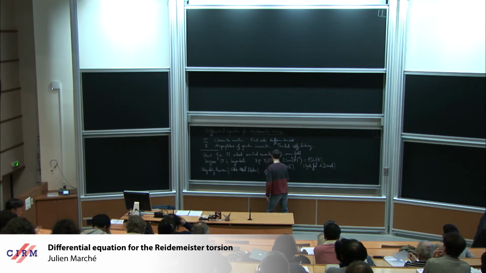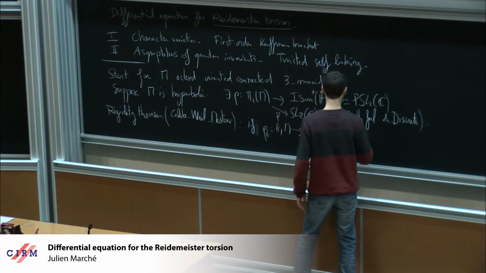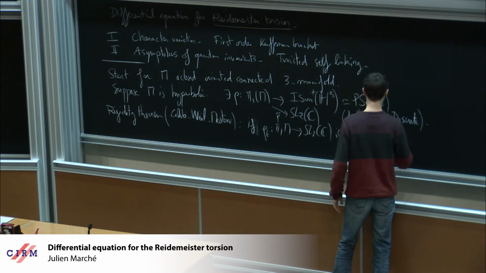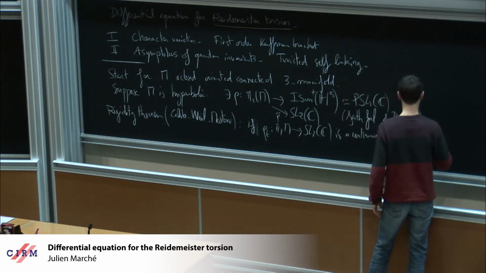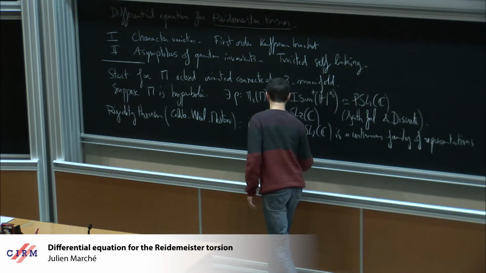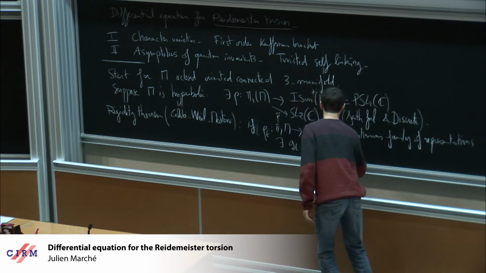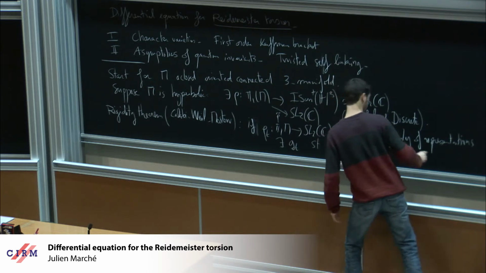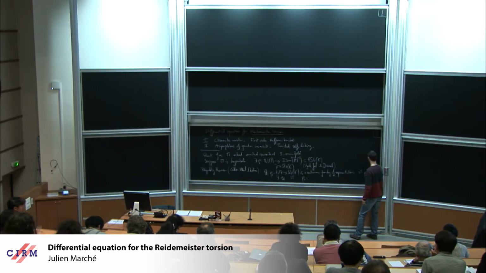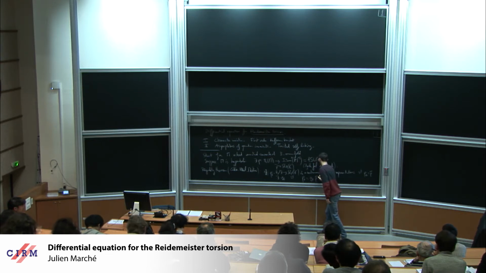If rho t is a continuous family of representations with rho 0 equal to rho tilde, then there exists a continuous family g t of elements in SL2(C) such that rho t is g t rho tilde g t inverse. So if you deform this representation rho tilde, you do not really deform it.